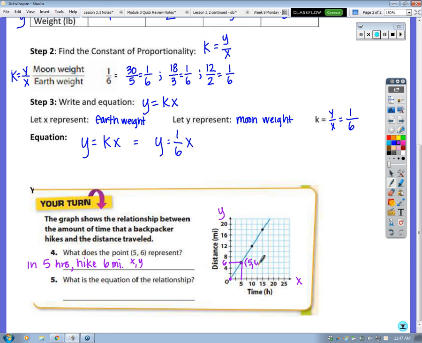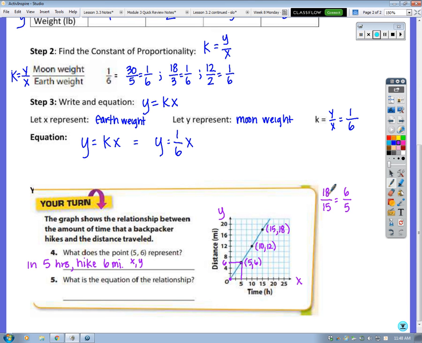We have (5, 6) as this point. We've got (10, 12) at this point. We've got (15, 18) at this point. So again, at 10 hours, they hiked 12 miles. At 15 hours, they hiked 18 miles. And we want to make sure that this is a proportional relationship. So all of these should simplify down to that base ratio of 6 to 5, right?